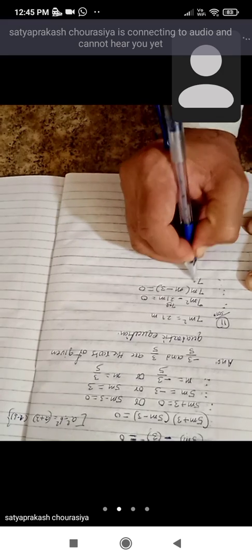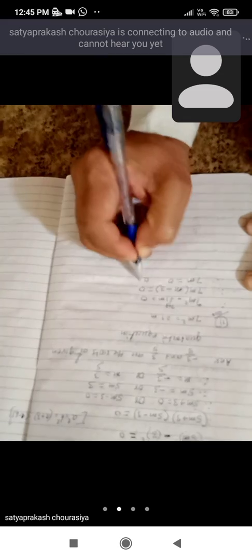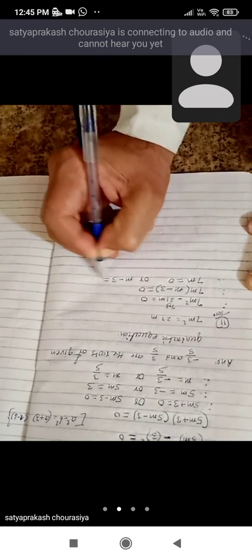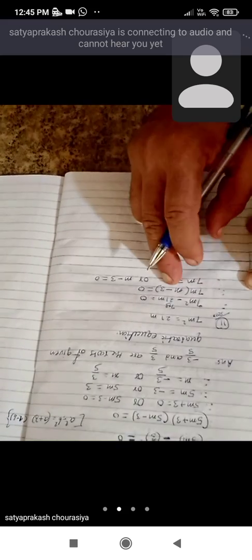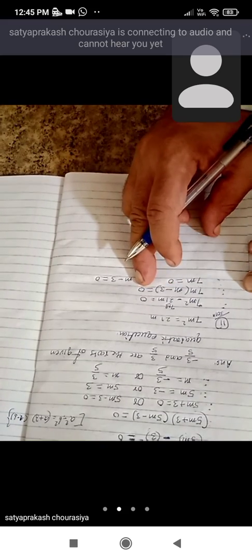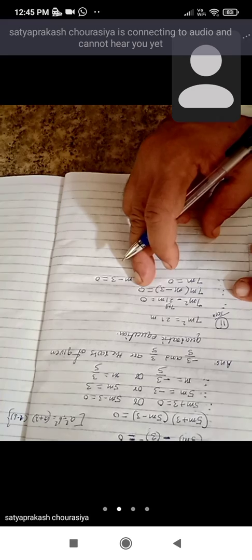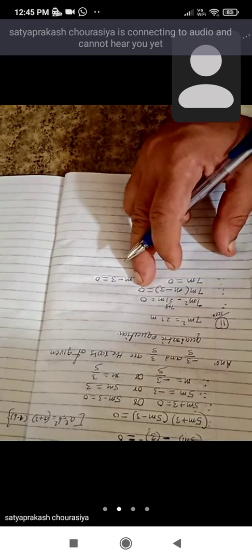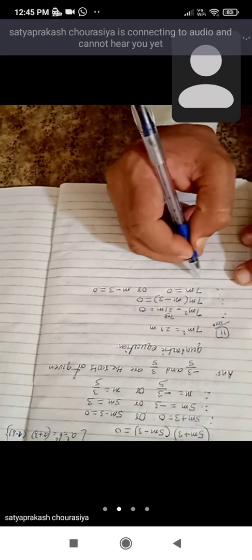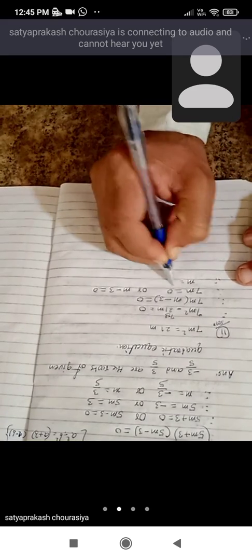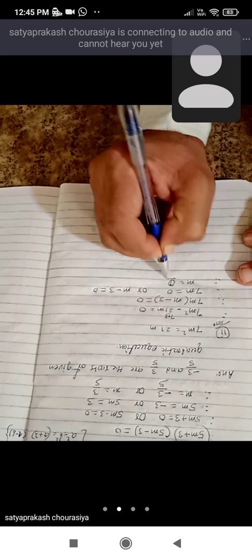It means 7m is equal to 0 and m minus 3 is equal to 0. ये दोनों में से किसी न किसी की वैल्यू 0 है, then the product is equal to 0. तभी प्रोडक्ट क्या होगा, 0 होगा. It's clear now. समझ में आया स्टूडेंट? Okay, now see, therefore m is equal to 0 upon 7.